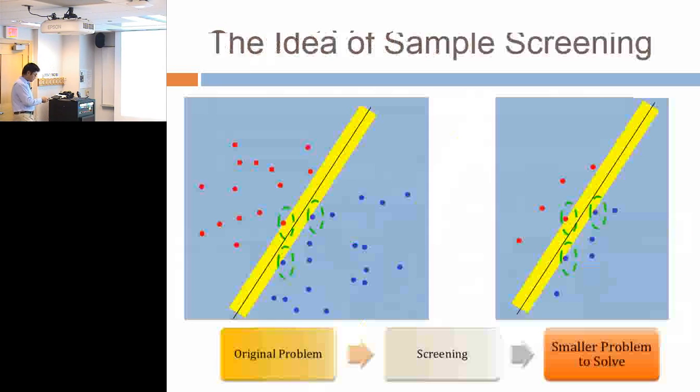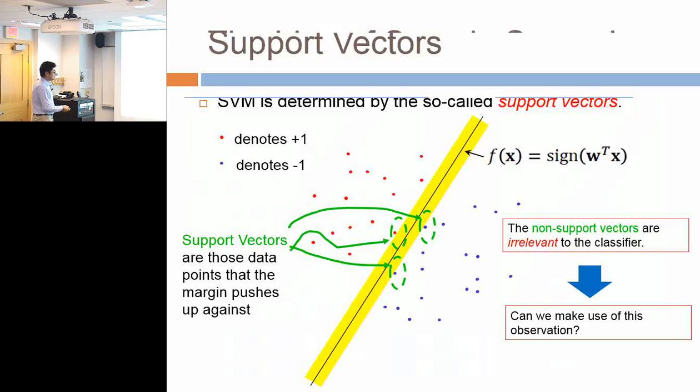So our question is, can we make use of this observation? Because SVM can be determined completely by the support vectors, this implies that the non-support vectors are irrelevant to this classifier.